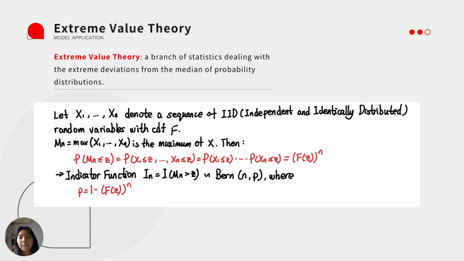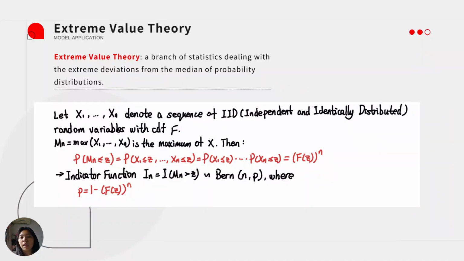So, unlike the VAR model that looks at the probability to have a loss of a specific amount of money, this extreme value theory looks at the probability of loss due to an unpredictable and extreme event.